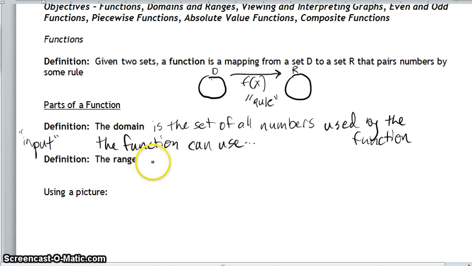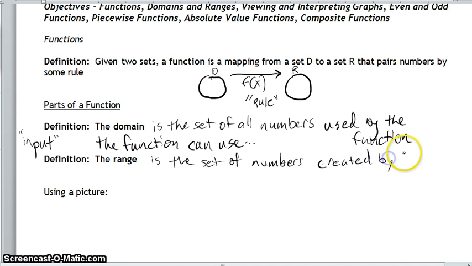Okay, the range is all the set of numbers created by the function, or the rule, or the output, or what you get out of this function.